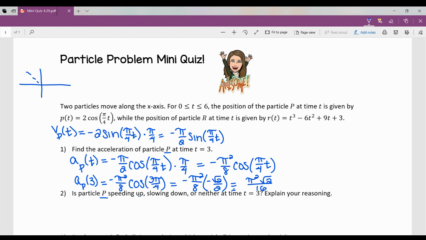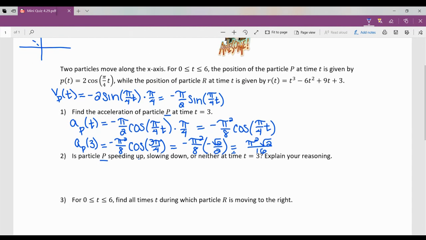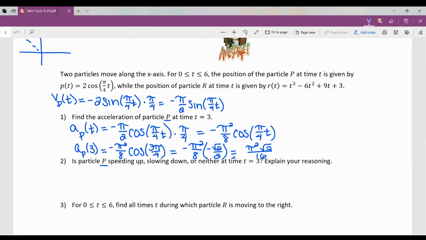All right, is the particle speeding up, slowing down, or neither at time t equals 3? So when we say speeding up, slowing down, we are looking for my velocity and my acceleration. So the acceleration at 3 is positive because we just found that up here.